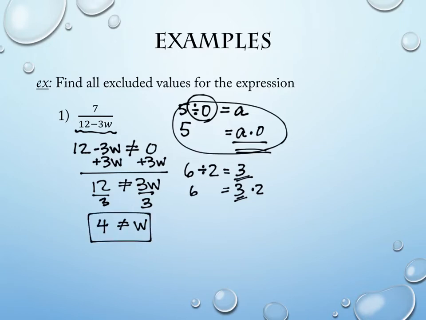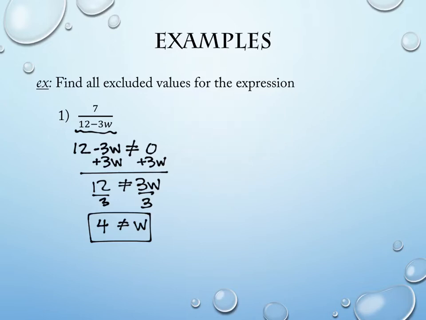So the answer to the question I'm being asked, that is, what are the excluded values, is w equals 4. I can't have w equal to 4. If I did, look back at the original problem: if you put 4 in for w, 12 minus 3 times 4 would in fact give me a denominator of 0, right?